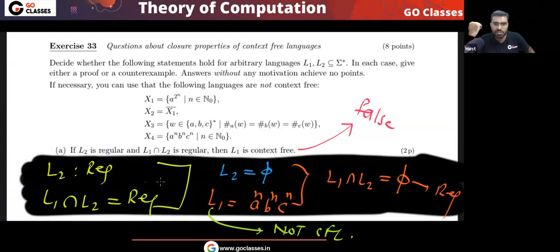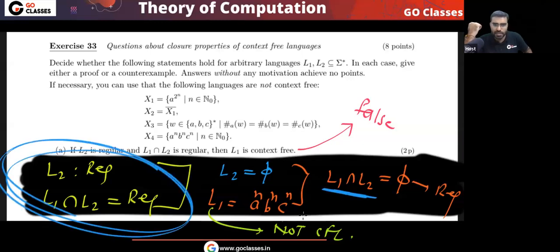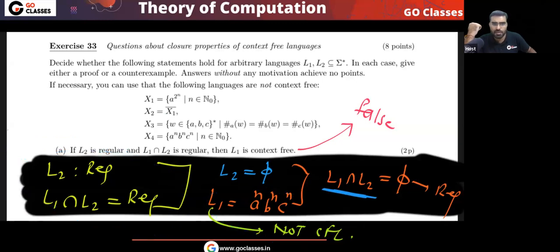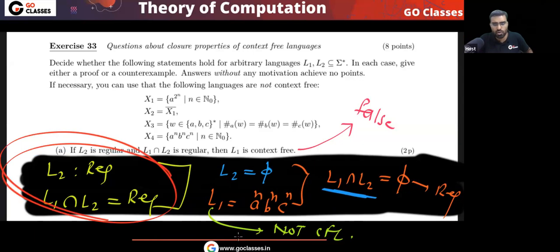No. For example, you can take L2 equal to empty set and L1 equal to a power n, b power n, c power n. Now your intersection will be empty set. These conditions are satisfied, but L1 is not context free. Okay, so this is false.